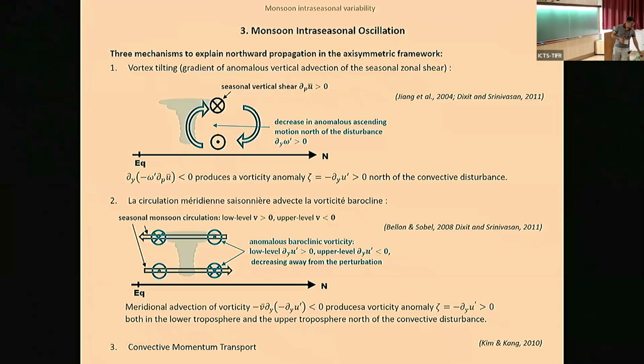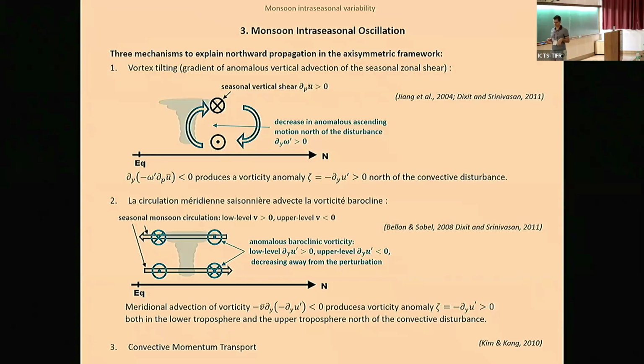What happens is that you have your vertical shear with westerly winds in the boundary layer or in the lower levels during the monsoon, and then you have easterly in the upper atmosphere and upper troposphere. So that's the seasonal circulation. Now, if you have an overturning circulation with ascending motion in the convection and descending, subsiding motion north of it, that will tilt the mean shear into vorticity.